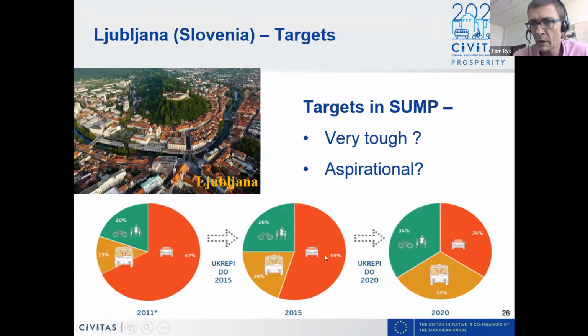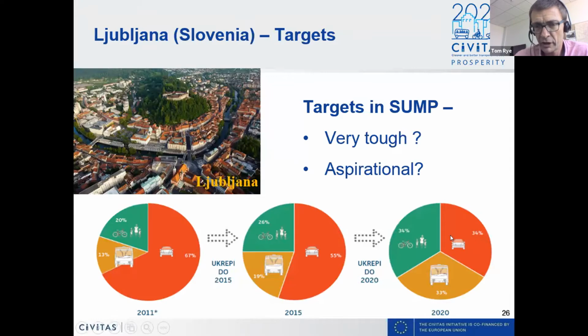Now, I'm not aware of any city that's managed to reduce its car mode share from 55% to 34% in a 5-year period. Yeah? That's a very, very tough target.